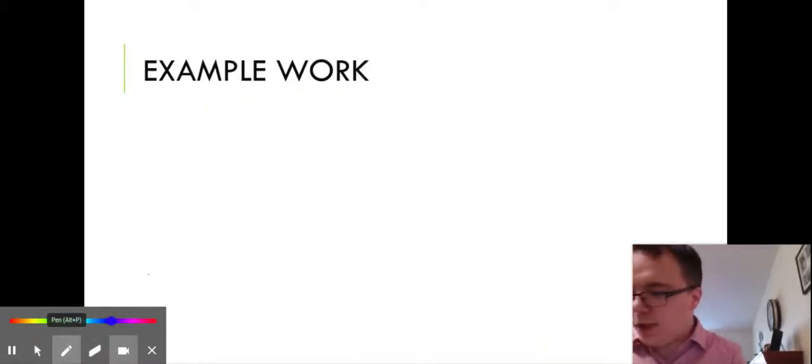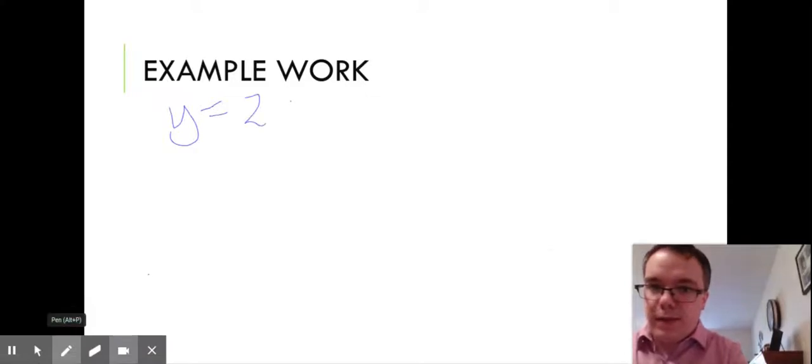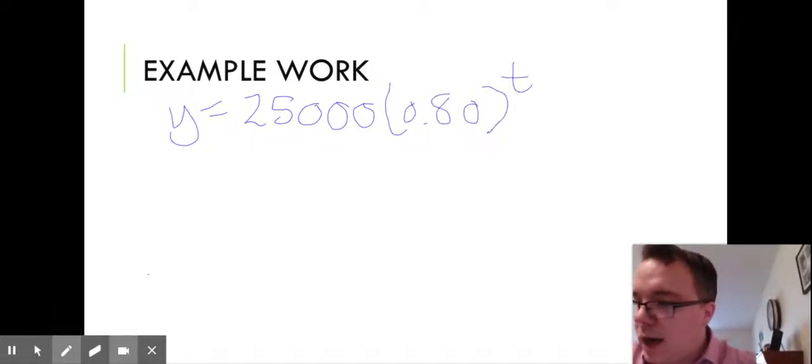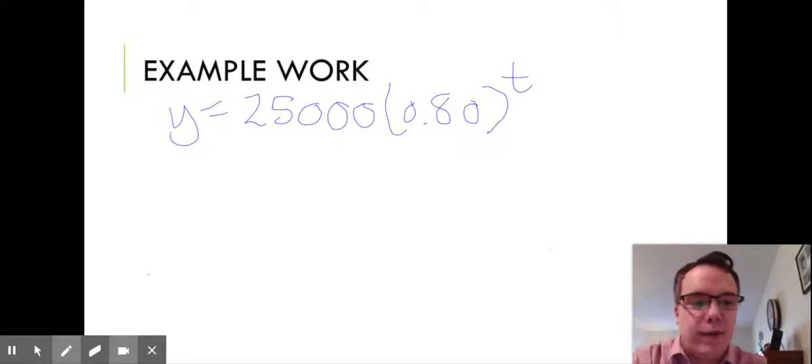All right, so we just got the equation y equals 25,000 times 0.80 to the t. And the next bullet says, how long would it take for the motorcycle to depreciate to a value of $2,500?